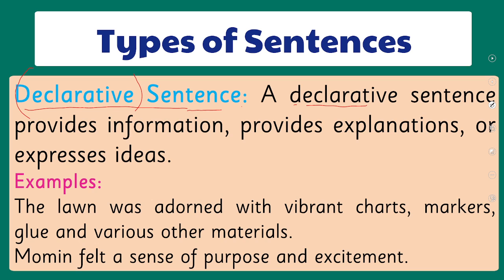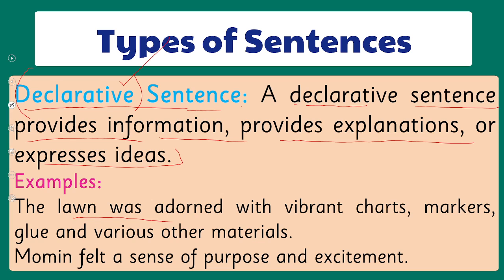So a declarative sentence provides information, provides explanation, or expresses ideas about a thing. If a sentence presents some stance, some idea, some thought, or explains something, it comes under the category of declarative sentences.